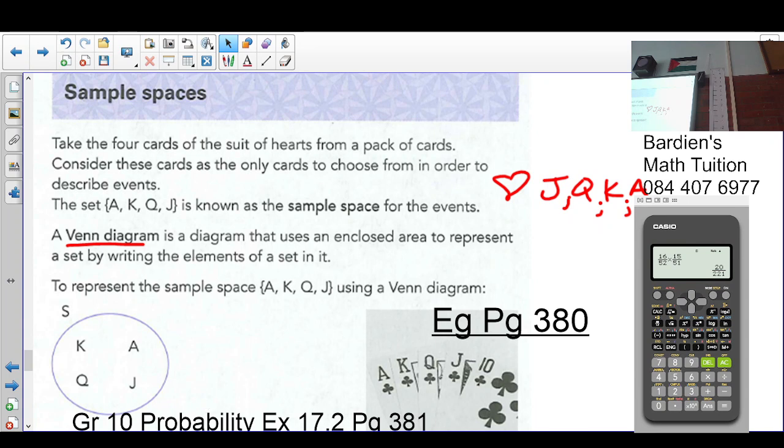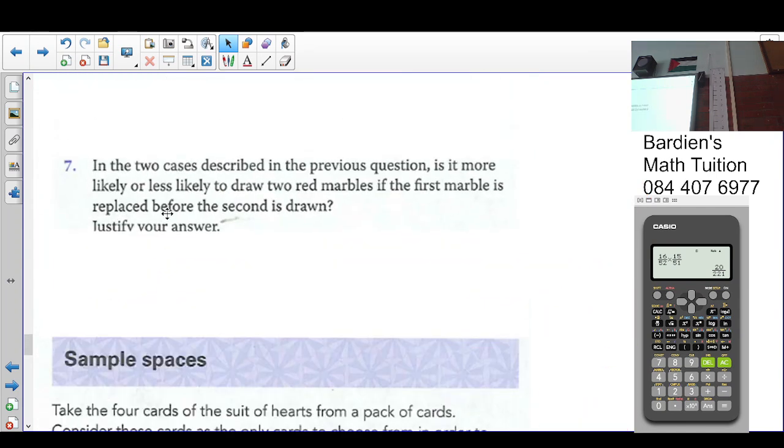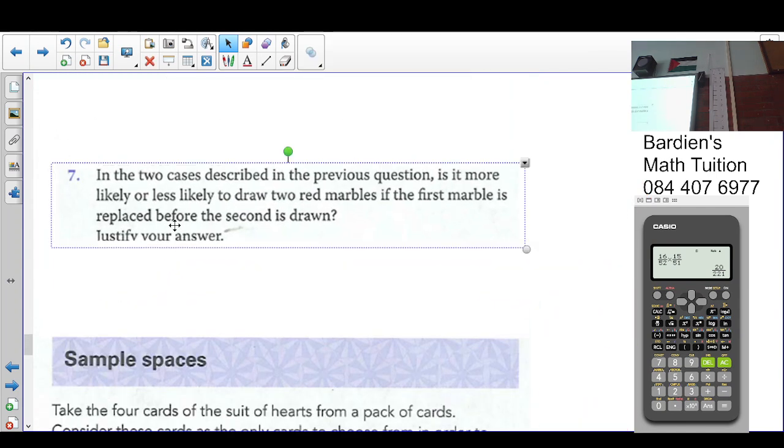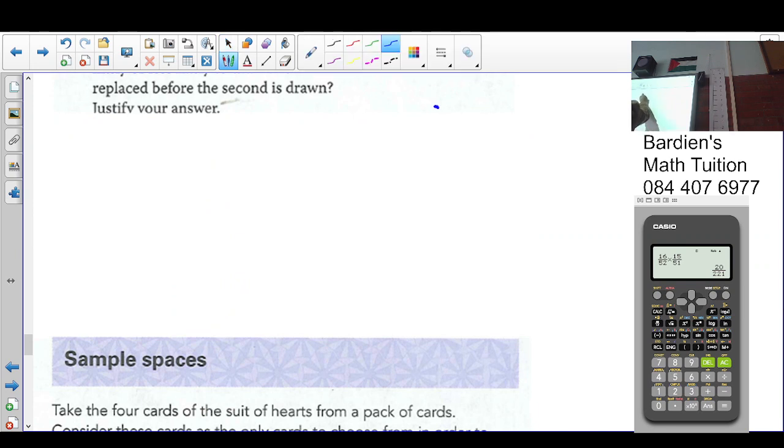So this is basically what it looks like. That is your sample space. Some of you are confused, so let's take it one step back. If I must now write the sample space for rolling a die, what are my outcomes? It's going to be 1, 2, 3, 4, 5, 6.